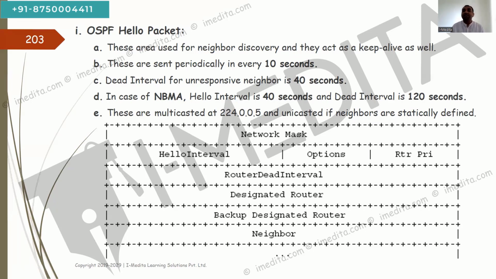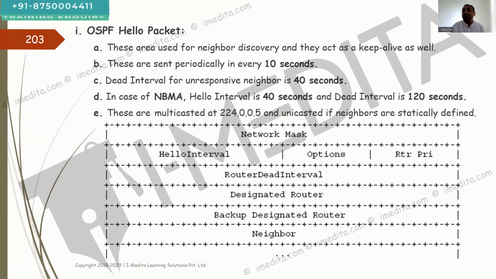So hello messages are sent by OSPF periodically every 10 seconds. Remember that these hello packets are used by OSPF for neighbor discovery as well as acting as a keepalive. For example, if you want to discover whether you have a neighbor on the wire or not, the hello packet will help you discover the neighbor.